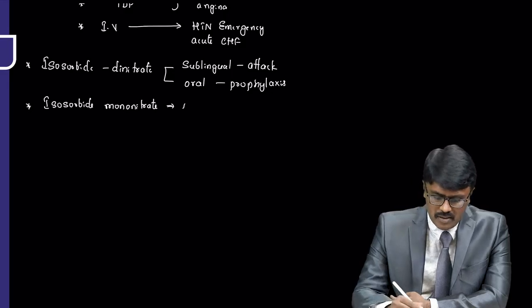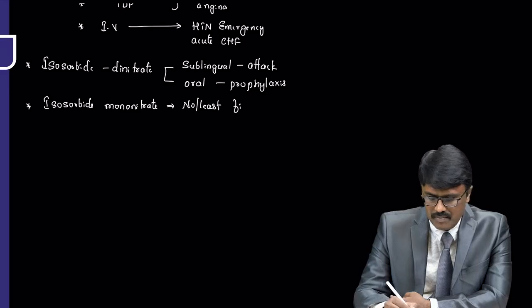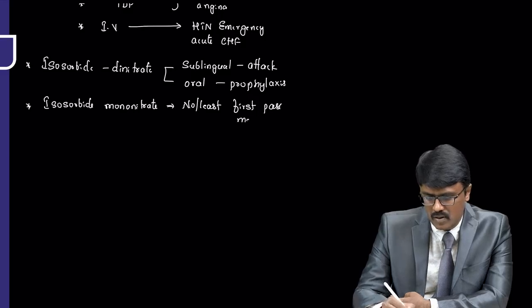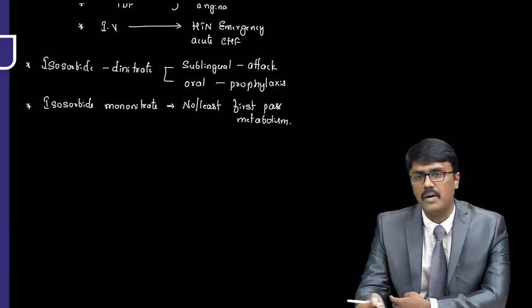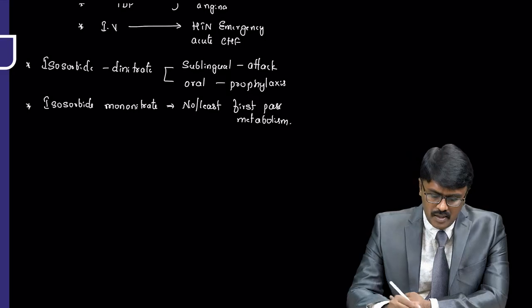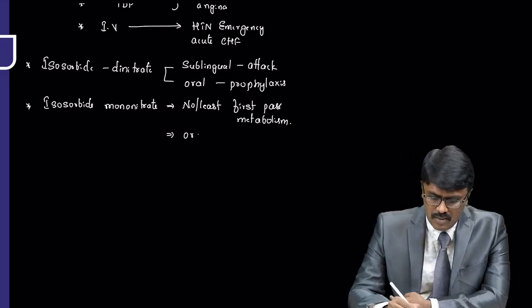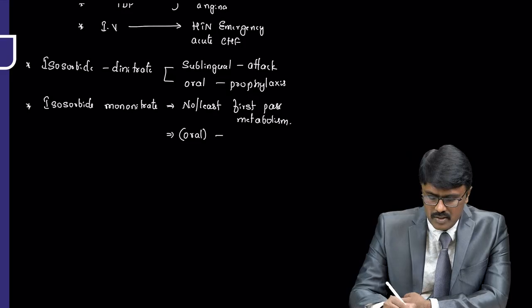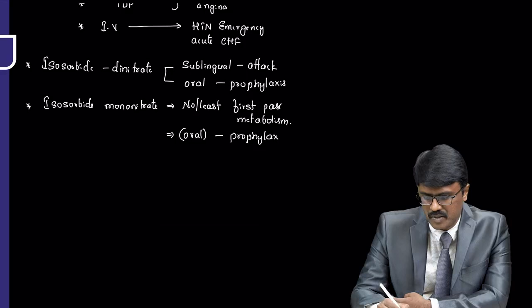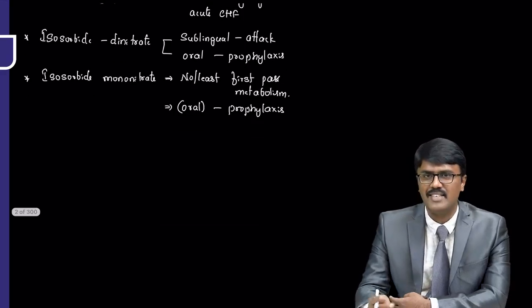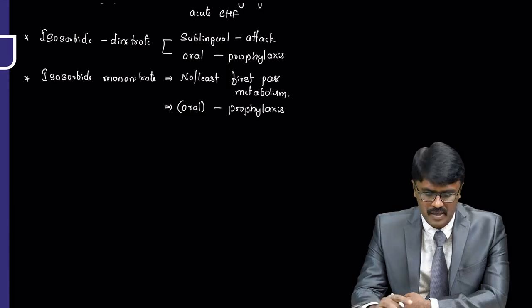This is the one drug which has no or least first pass metabolism. The name is isosorbide mononitrate. The drug is given orally. Obviously, when I say oral, it is used in prophylaxis of angina pectoris. You understand the term prophylaxis, that means to prevent attacks.